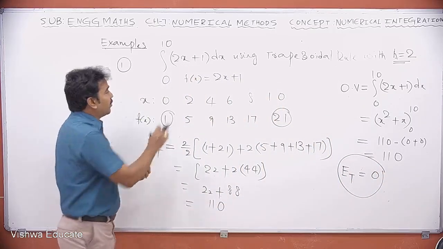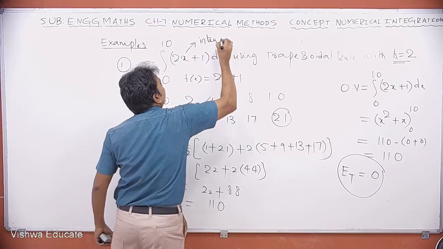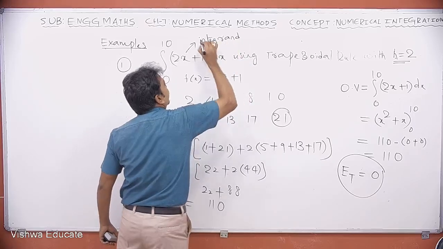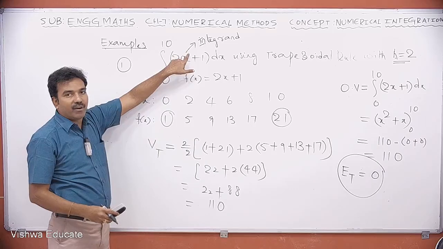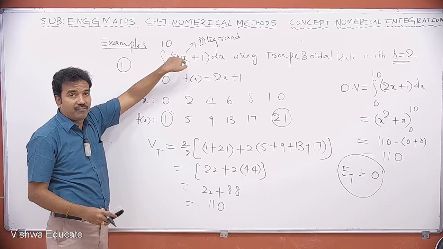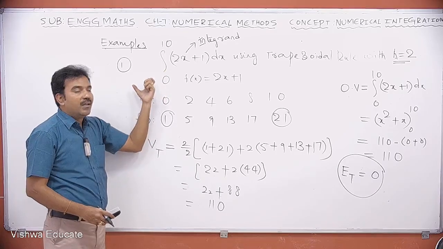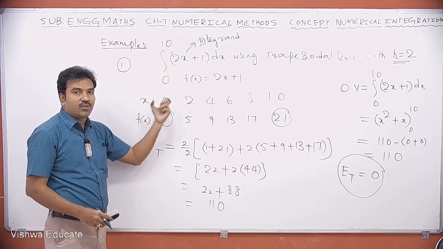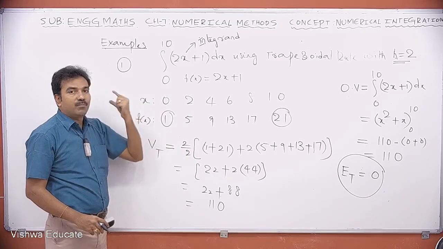So generally, when you are integrating a function, this will be called the integrand. So if the integrand is a polynomial of degree 1, trapezoidal rule always gives 0 error for all first degree polynomials irrespective of number of subintervals. That's why we always start n with multiples of 1.